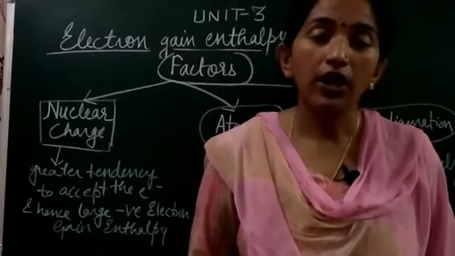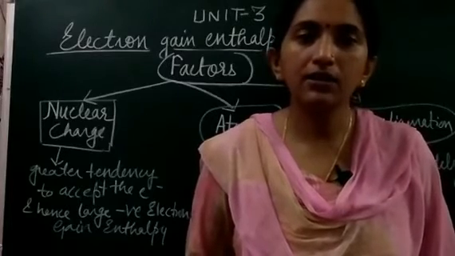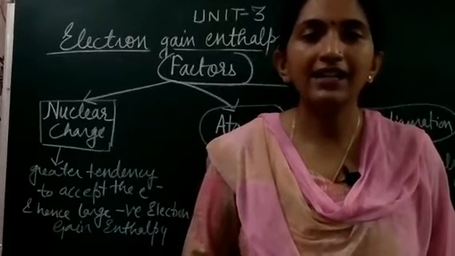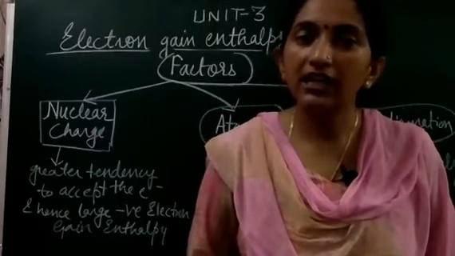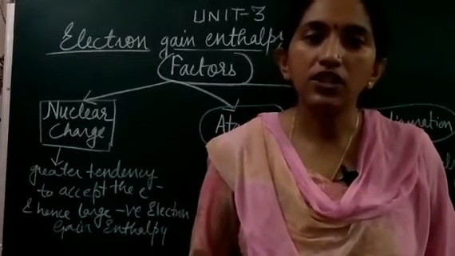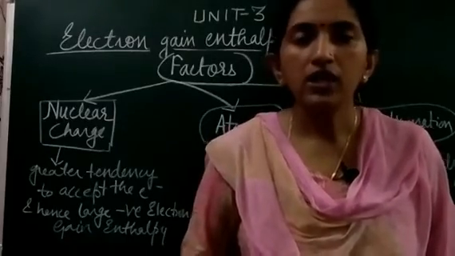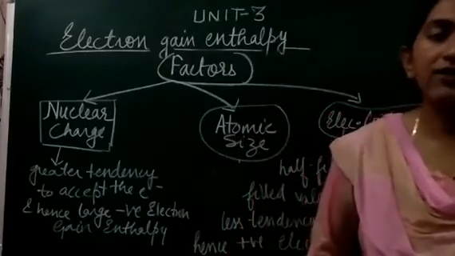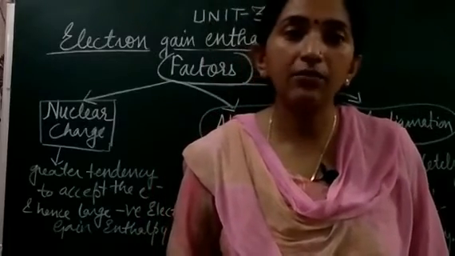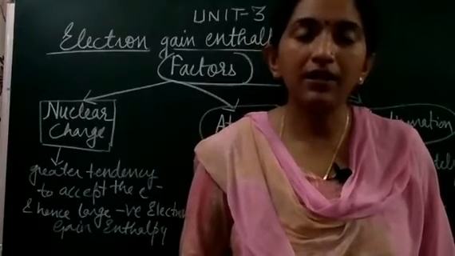And if it has got no tendency, right, it has got stable configuration, completely filled or half filled electronic configuration, in that case it will have positive electron gain enthalpy. And even the electron gain enthalpy can have a zero value. So just go through this, and when we say zero electron gain enthalpy, it means that they have no tendency to accept that electron.